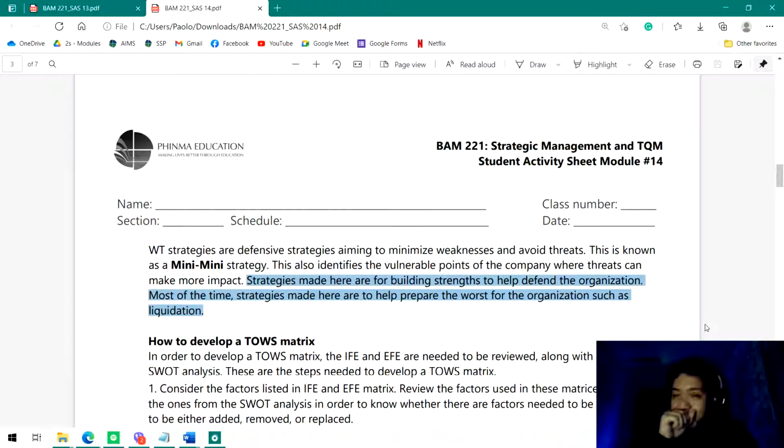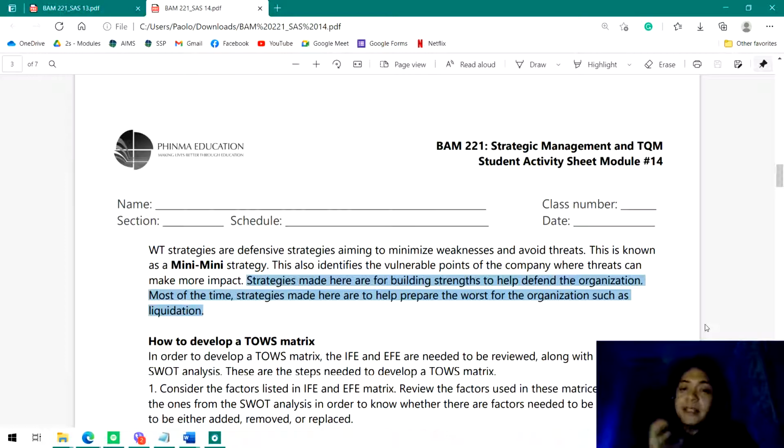Parang naghahanap ka ngayon ng strategies mo to try to come up with ways on how to face or how to challenge a certain threat.